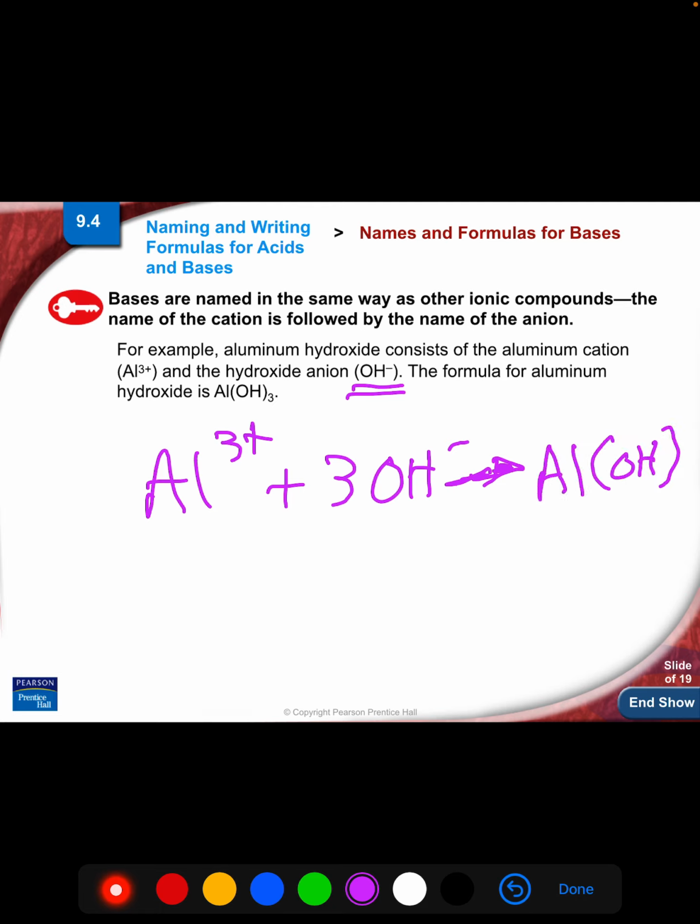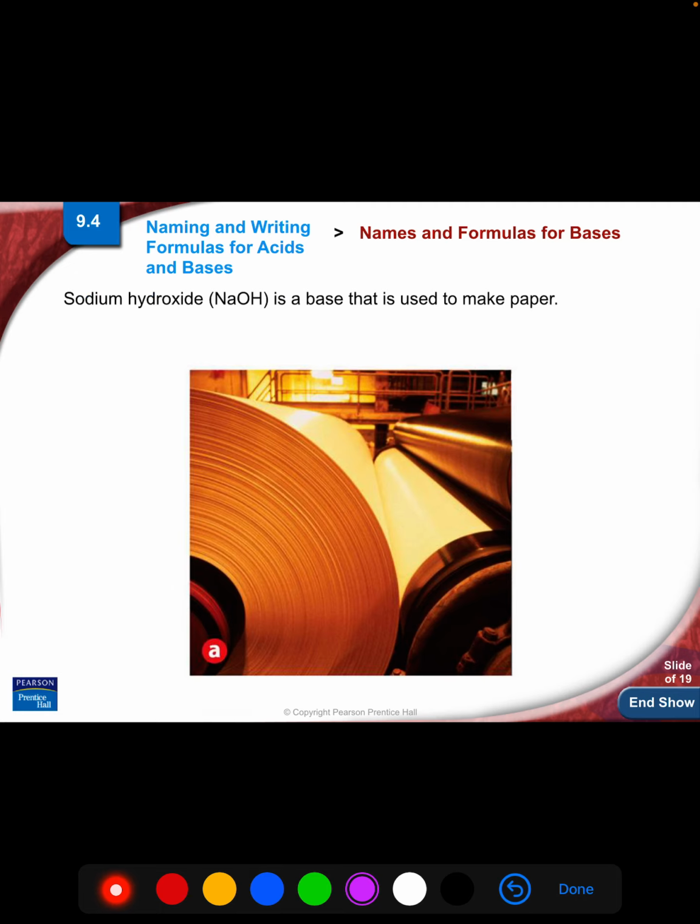But I need 3 of these, and of course when we have a polyatomic ion, we put it in parentheses. I can't write aluminum and then hydroxide with 3, because this means 1 aluminum, 1 oxygen, and 3 hydrogens. I need 3 of the hydroxides. So I put parentheses around this species, the hydroxide anion. That's what defines a base.